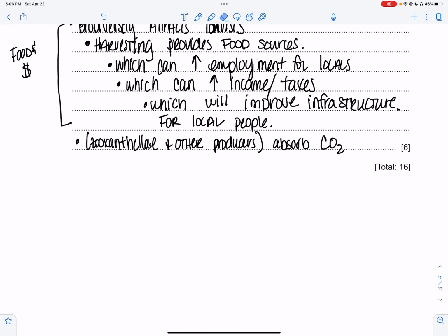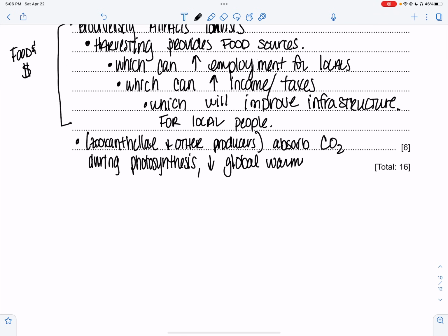This is when they do photosynthesis, and this will decrease the effects of global warming. You could also say it could decrease the enhanced greenhouse effect.